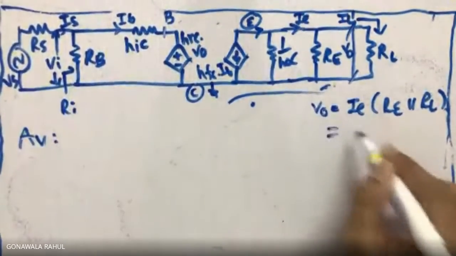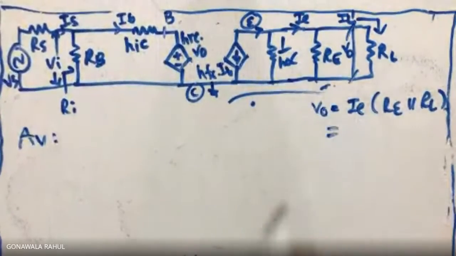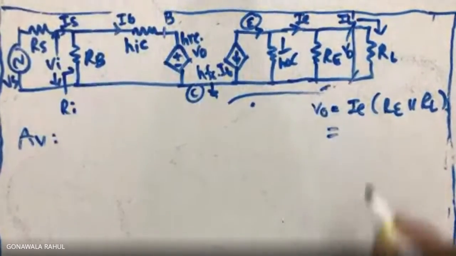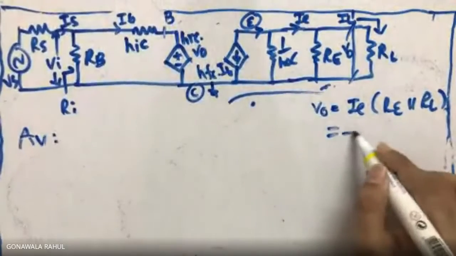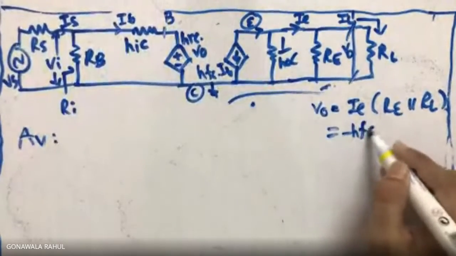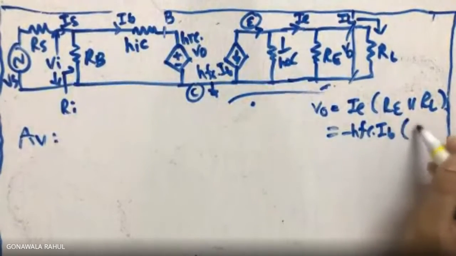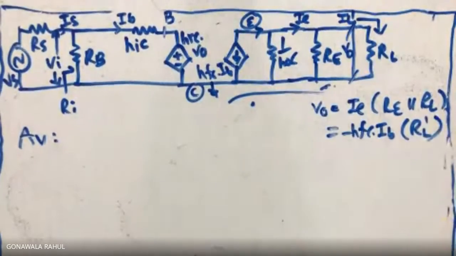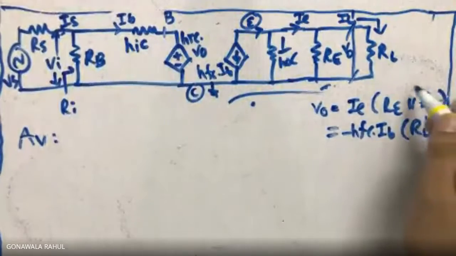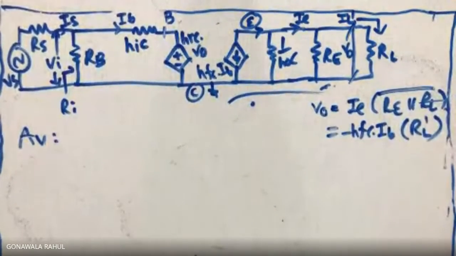And as we know, equation number P, IE is equal to minus HFC into IB, into RL dash, because RE parallel RL is nothing but RL dash.